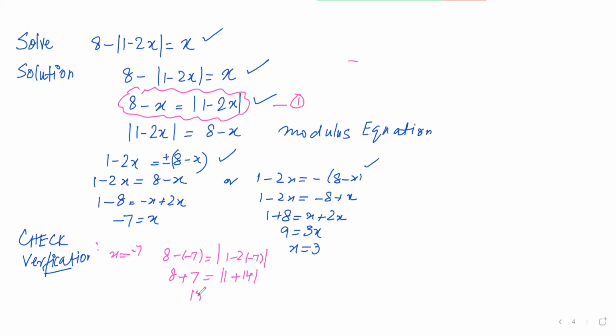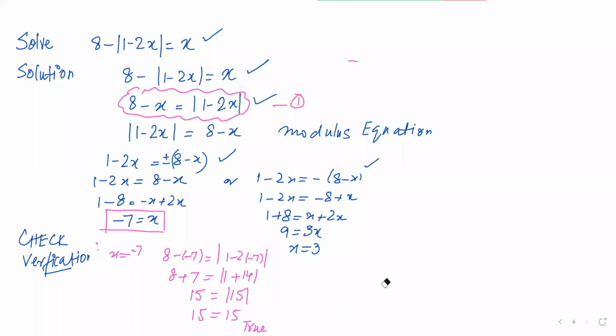So the left hand side is 15 and the right hand side is |15|, and we know that |15| is 15. So this is true, and we accept this answer: x equals minus 7.